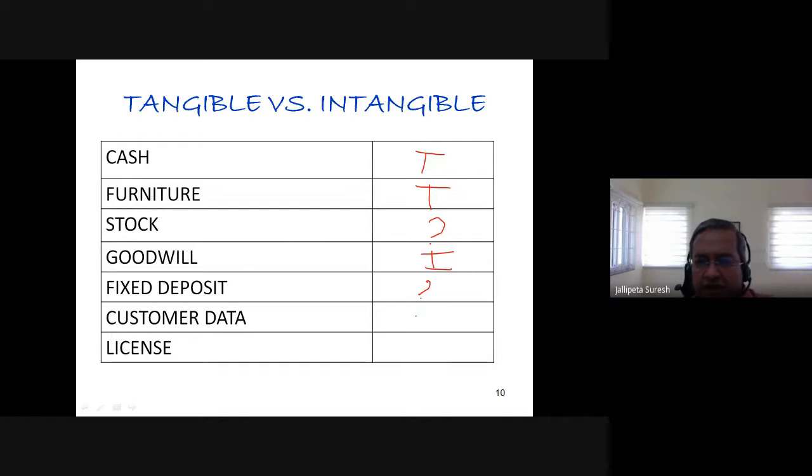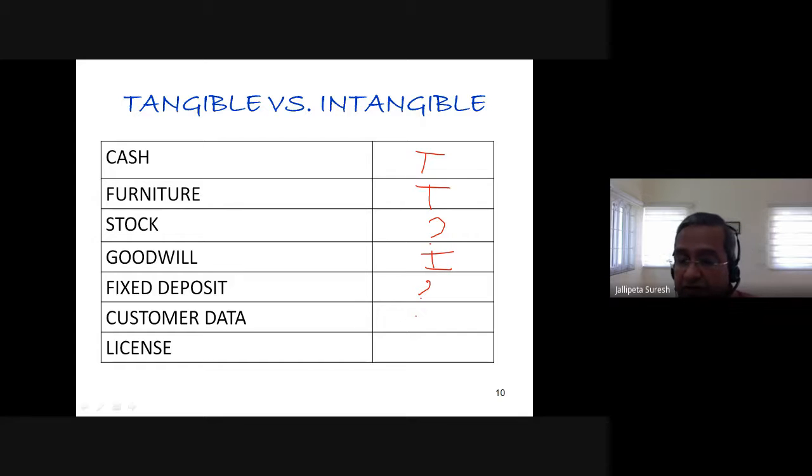I use this data to leverage or improve my sales. If you look at it, it's just a physical document that may have names, numbers, and so on, but it has tremendous value for me.